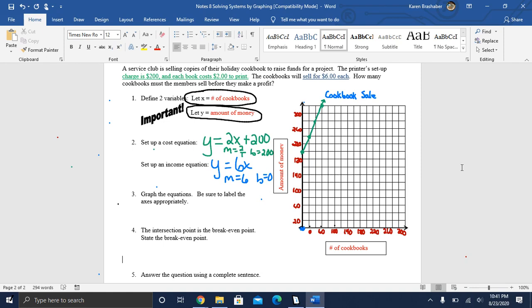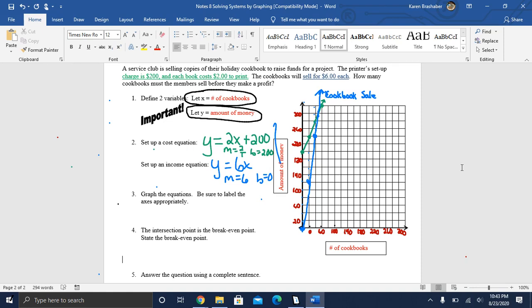And so I'll go up 6 squares and right 1 square. And I want to keep doing that. So up 6, 1, 2, 3, 4, 5, 6, right 1. I want to keep doing that until I see that I'm crossing my cost equation. So up 6, 1, 2, 3, 4. The two equations intersect. And that is what we're going to call the break-even point.